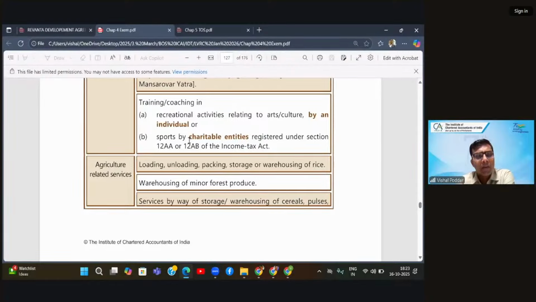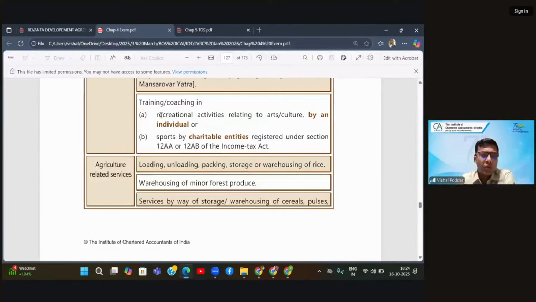If these are private academies, they are taxable. But if these are run as a trust and the trust is registered under 12AA, then wherever you are staying, you will find many of these academies. Many of them are private, but at the same time many are registered and run as a trust. So whatever fees they charge for training or coaching in any sport will be exempt, provided it is done by a charitable entity.